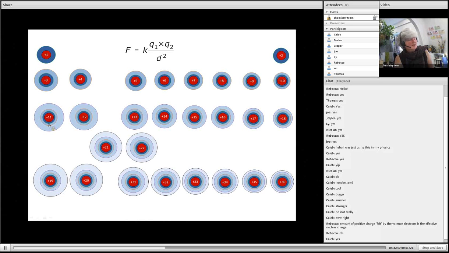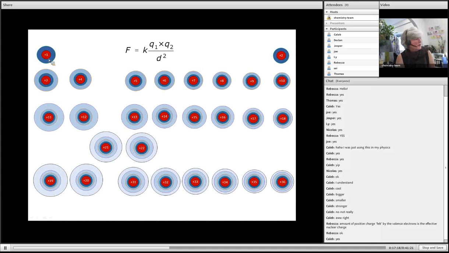Here the shielding is 10 each time. So sodium had a nuclear charge of 11, but 10 of them are in those inner electrons. So again that electron is feeling just an effective nuclear charge of +1, the same as the lithium, the same as the hydrogen.